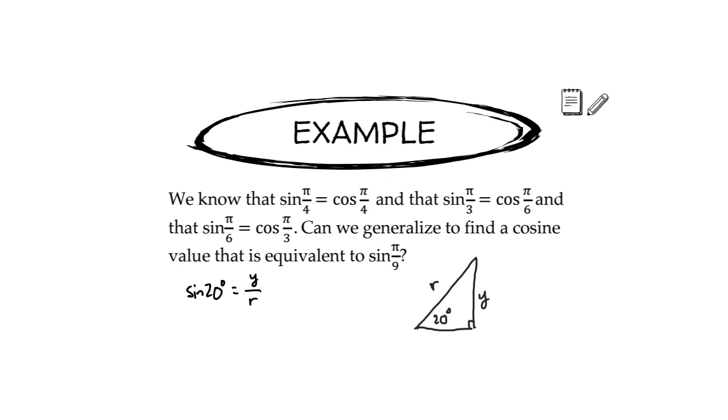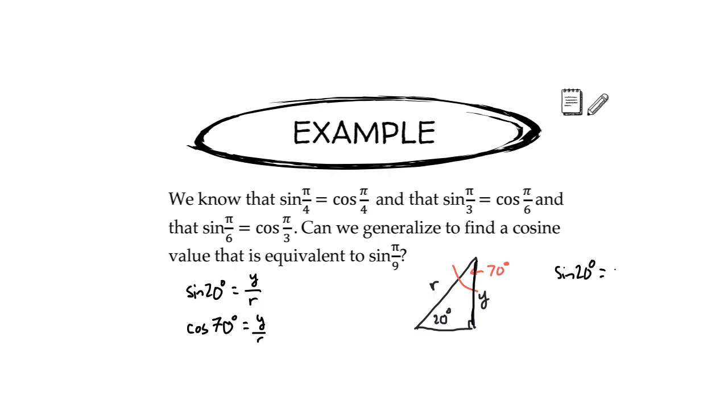Well, it just so happens that if I turn my head ever so slightly and focus on this angle up here, which happens to be equal to 70 degrees, and I ask myself about the cosine of that angle, cosine of 70 degrees, I see that the adjacent side to the 70-degree angle is y, and the hypotenuse is still r. So cosine of 70 is the same as sine of 20.